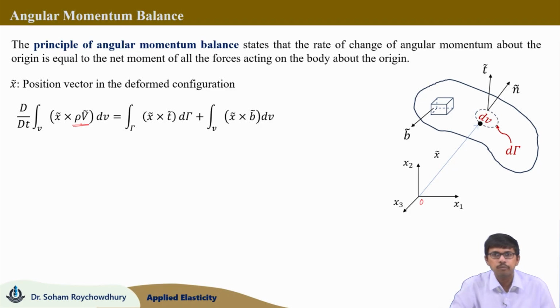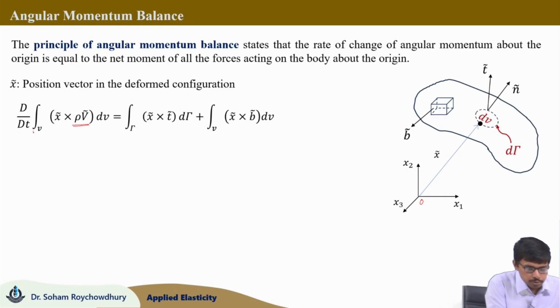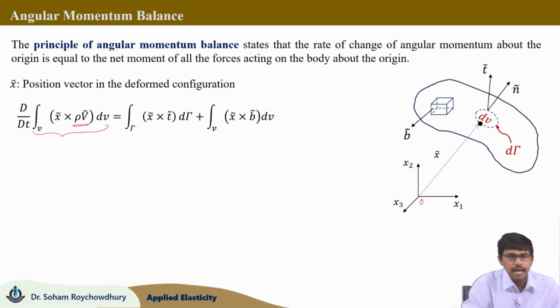So, if you are taking the moment of linear momentum about point O, that would be x cross rho v, velocity, integrated over the volume dV. So, this total thing is actually the angular momentum of the body, and the total time derivative of that, d/dt of the volume integral of x cross rho v, is nothing but the rate of change of angular momentum.